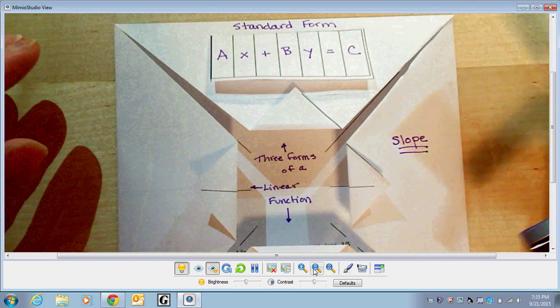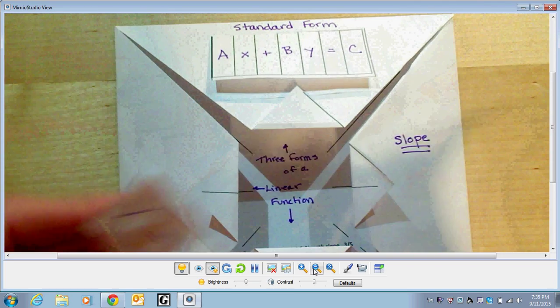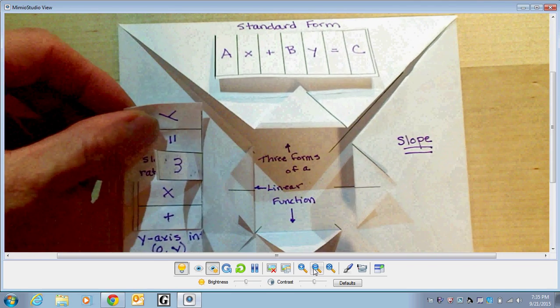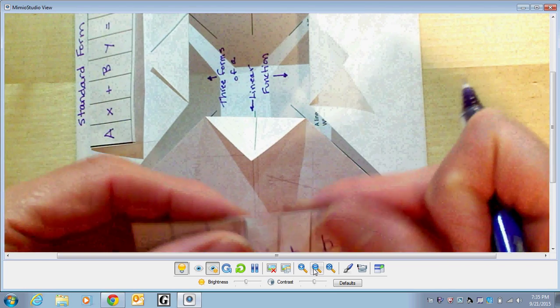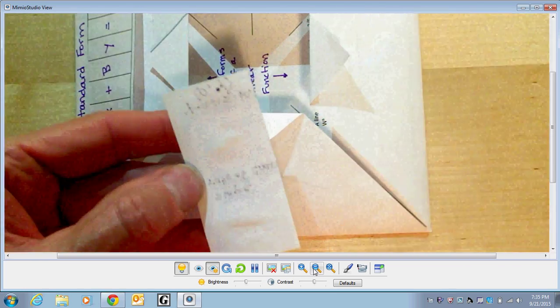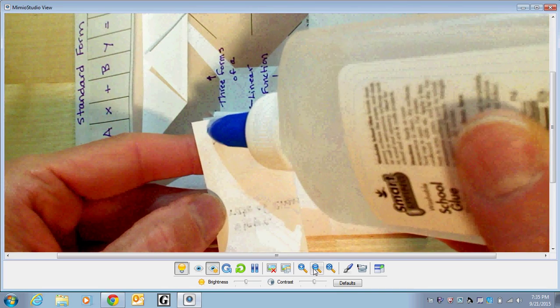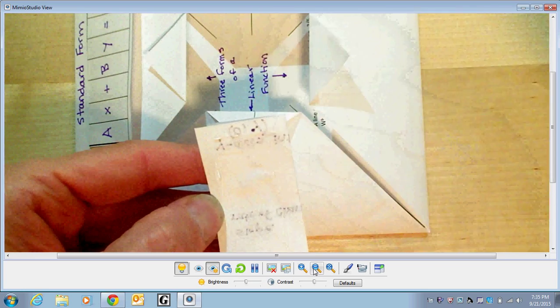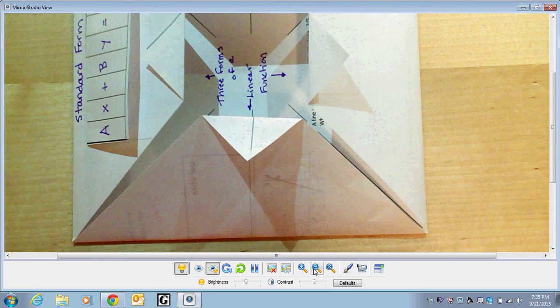And then we're going to take our slope intercept and we're going to put this one on the side. So I'm going to turn this sideways. I'm going to turn it over to the back. Put a tiny bit of glue. Don't need a whole lot there.